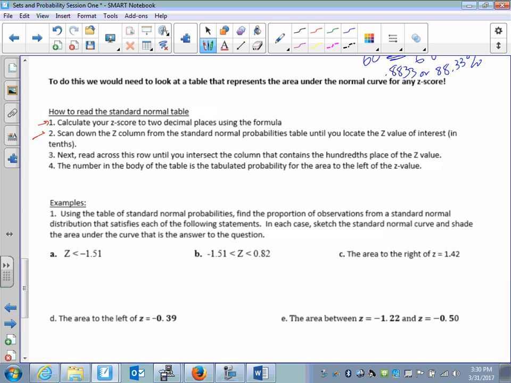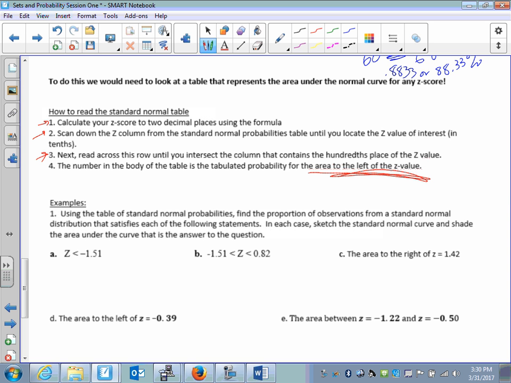Then go to the table and scan down the z column for the whole number in the tenths, and then go across the table for the hundredths. Yeah, that's this one. And the number in the body of the table is the probability for the area to the left of that z value. In other words, it's everything from that value all the way to negative infinity, all right?